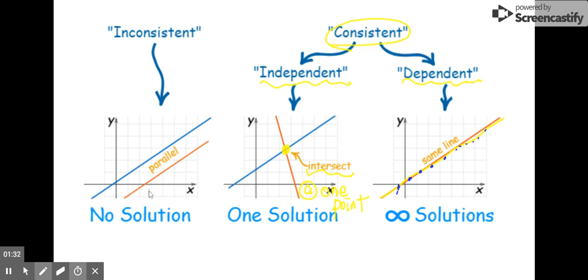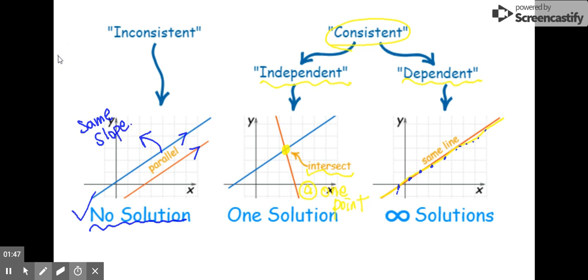And when there's no solution, it means they're never going to touch, never going to intersect, which means the two lines are parallel. Parallel means what? They have the same slope.